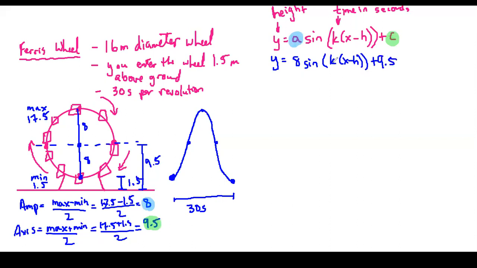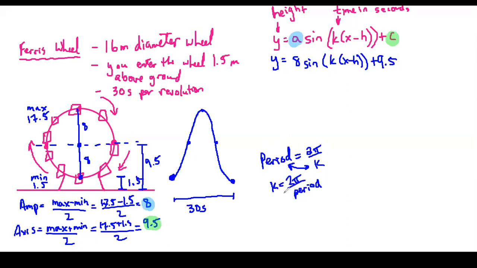Now the question becomes, how do we get k and how do we get h? K will be the easier one to do because we've already said that the period, remember from the last page, period was equal to 2 pi divided by k. Now the k value in this case is what we're looking for, so we can switch those out. If we multiply by k, divide by the period, you get k is equal to 2 pi divided by the period.